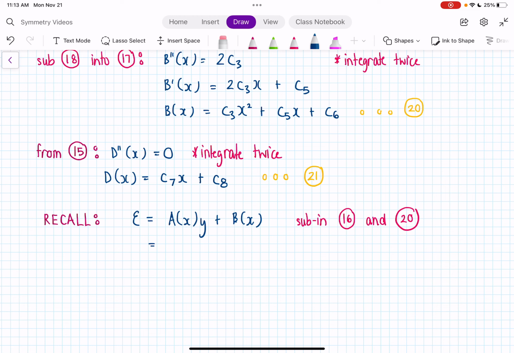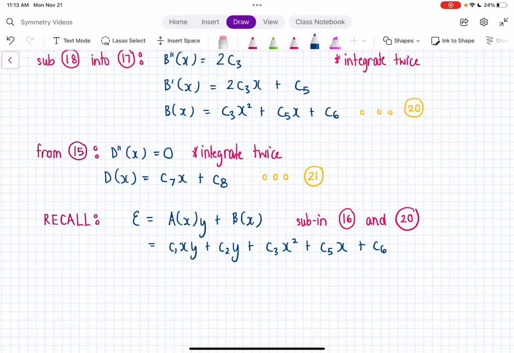And we will end up with... so that is our definition of xi.